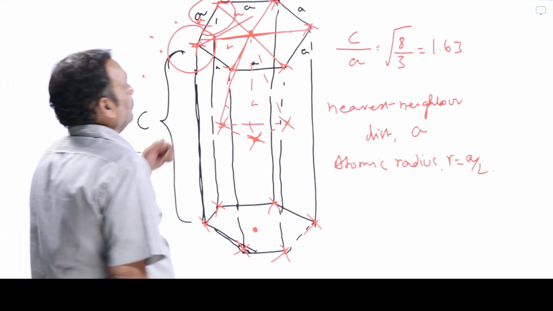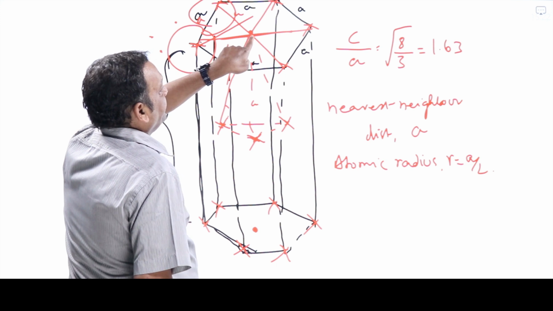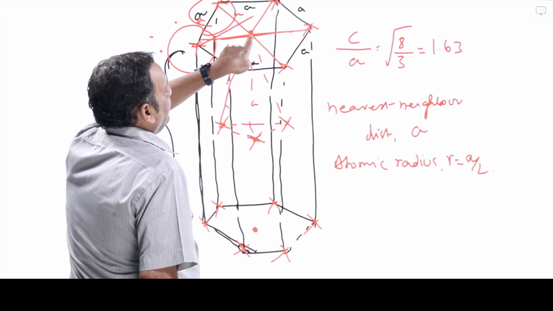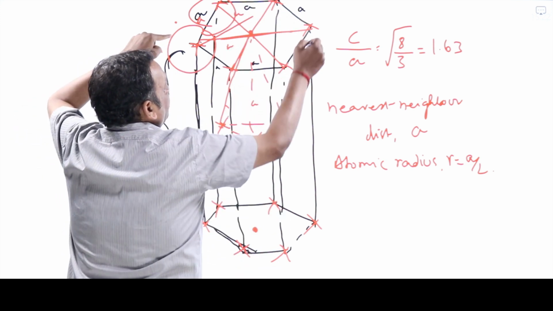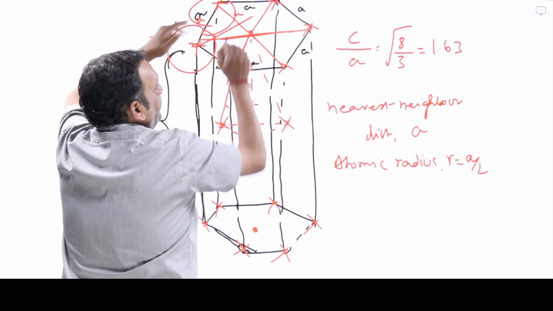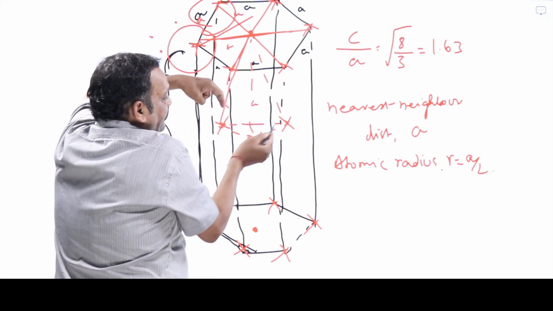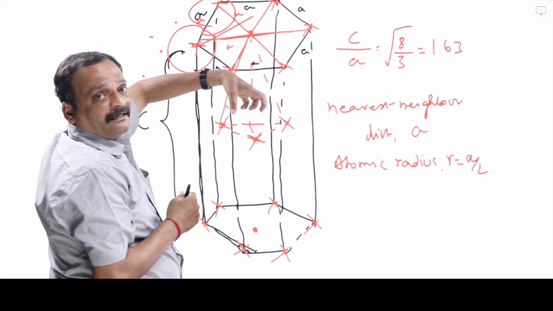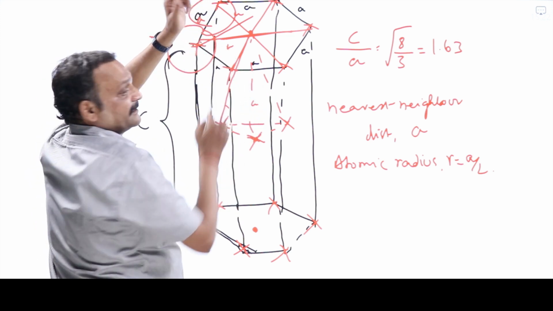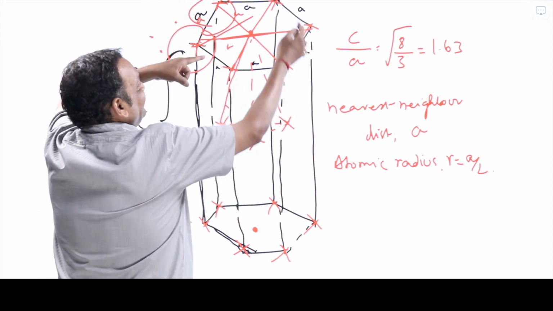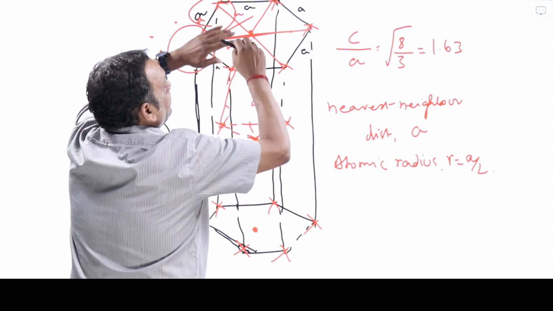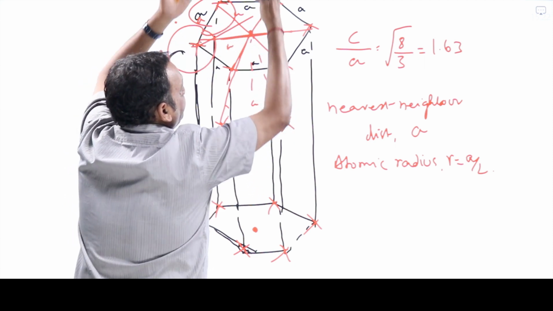Coordination number means, now look at this face centric point here. For this face centric atom, all 6 corners are at same distance A. Similarly, these 3 atoms which are present inside the unit cell are also at A distance only. So these 3 plus these 6 plus, similarly, there will be one more unit cell on the top of this unit cell.